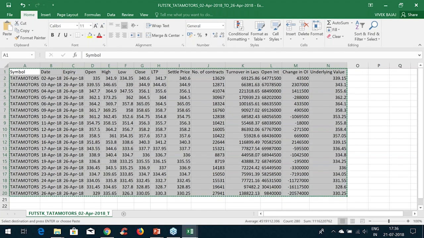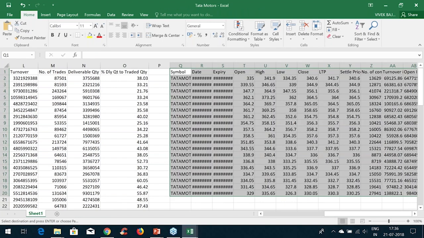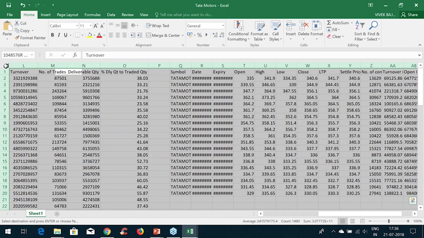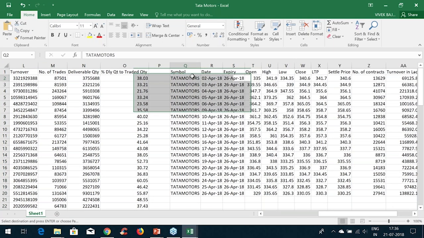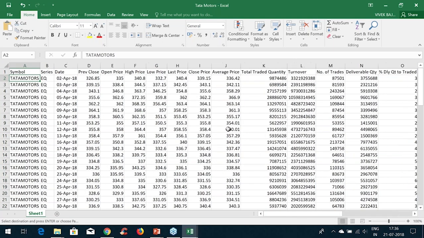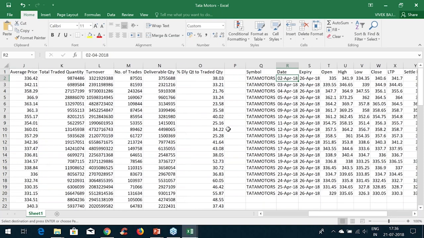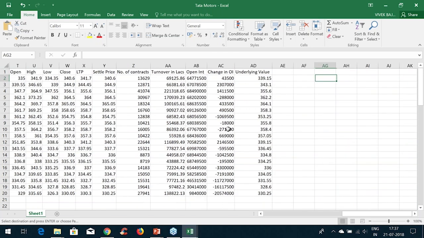I want to copy this data parallel to the cash market data. So let me copy, paste, Control V. I paste this data. So now what data I have? I have Tata Motor 2nd April cash market data. I have Tata Motor 2nd April near expiry data, which is the April expiry data. Now what do I want? I want the next month expiry, which is the May expiry data.